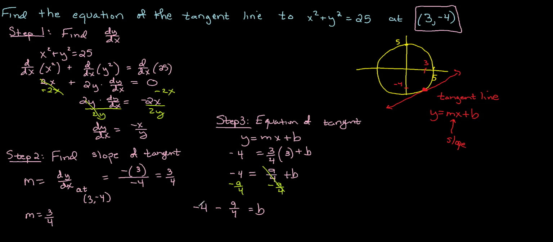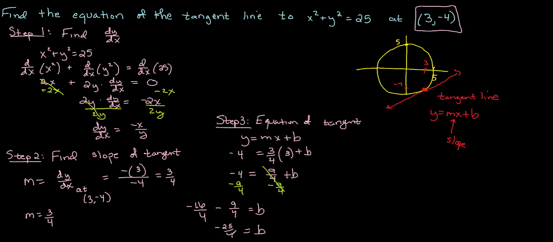So instead of -4, I'm going to write that as negative 16/4. And that's just going to be much more helpful because now I've got a common denominator. So final answer there for b, I've got b equals negative 25/4.